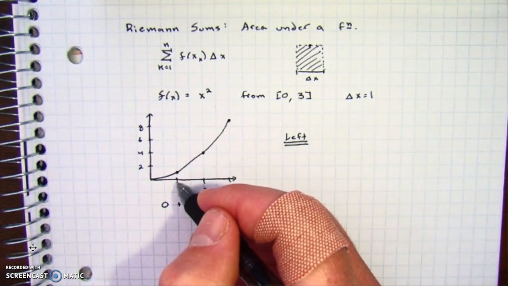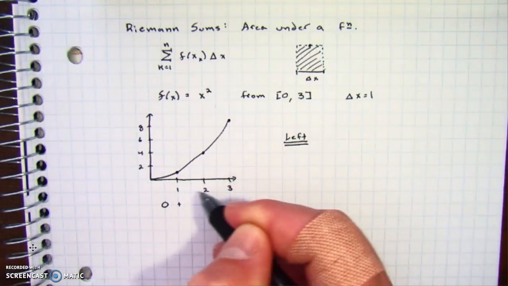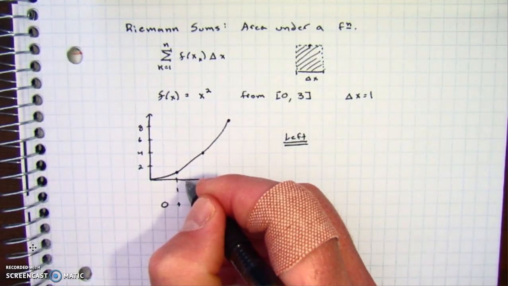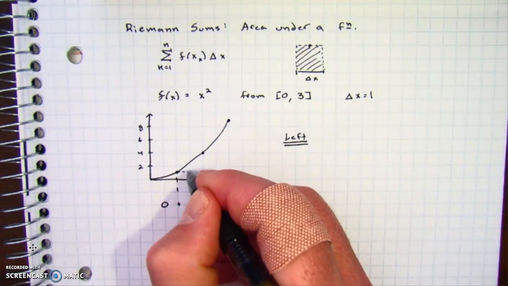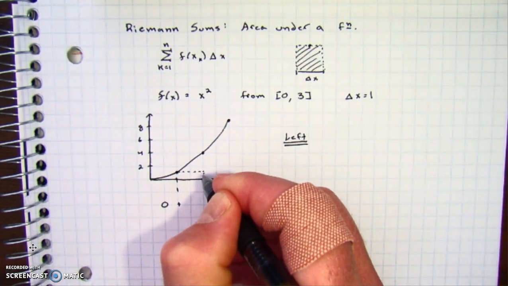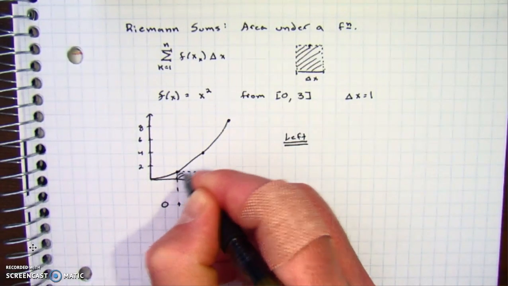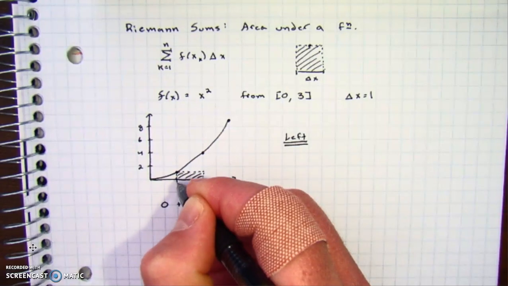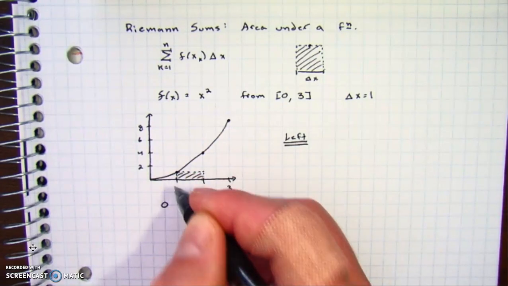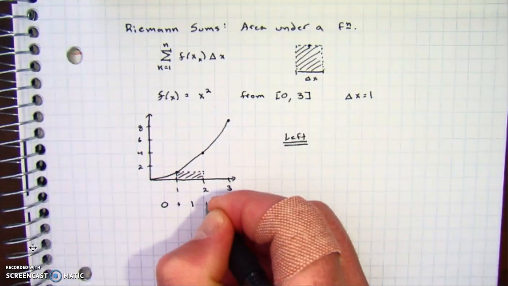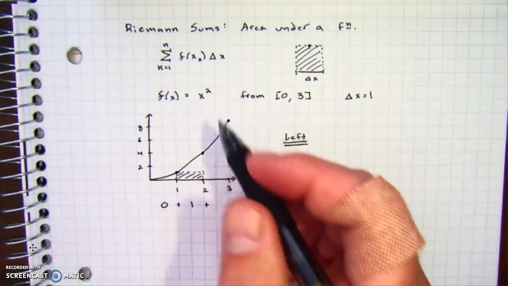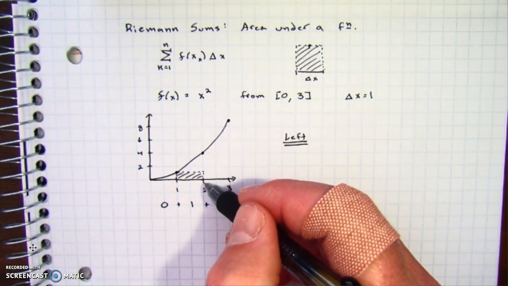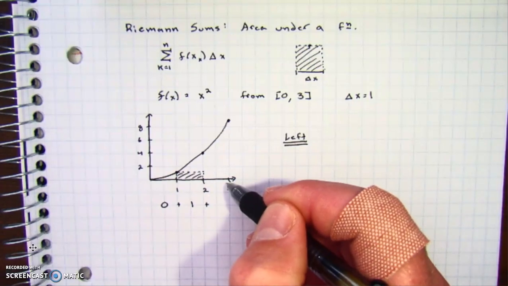Now here's our second block from 1 to 2. At the very left of this is going to be the value of 1. So the base is 1 and the height is 1. So that's 1. And then this last one, the block from 2 to 3.